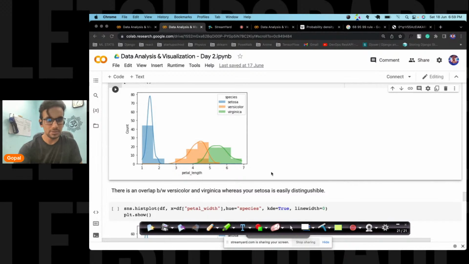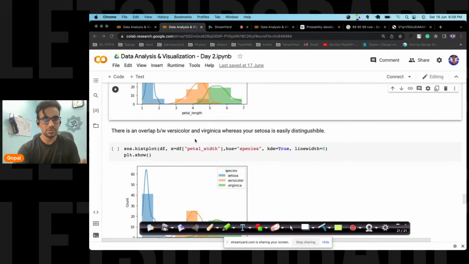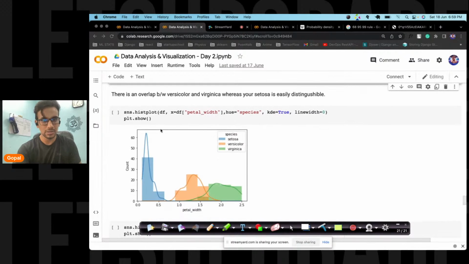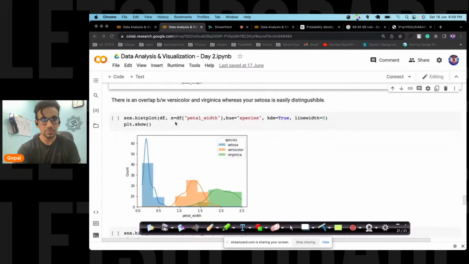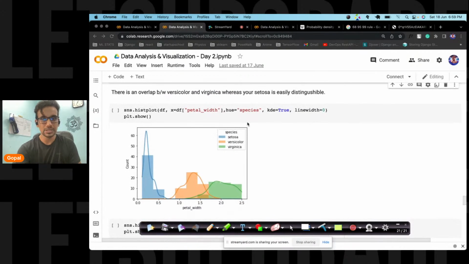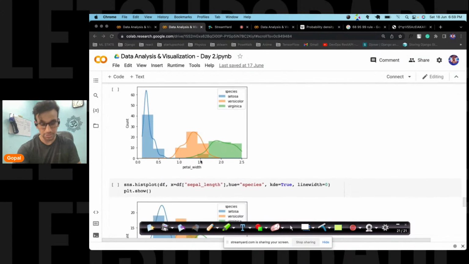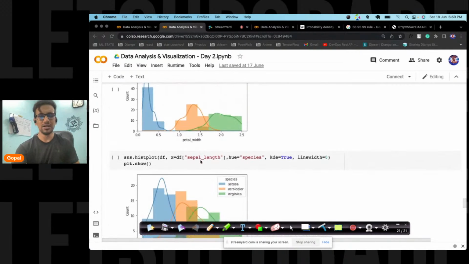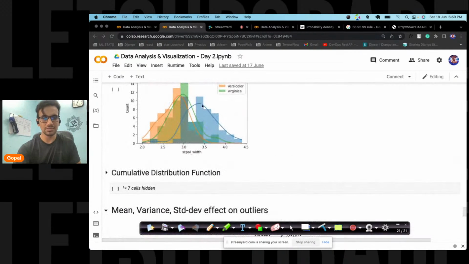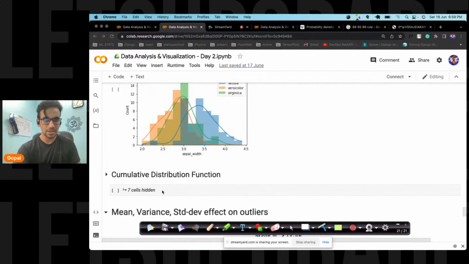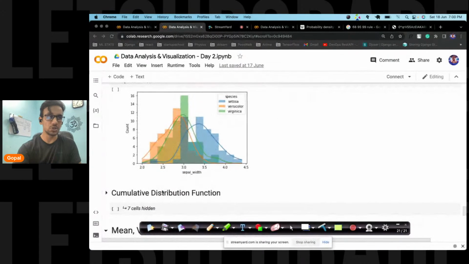Now what else do we have here? sns.histplot is there, and we are doing petal width and hue equal to species, and kde equal to true. So again we have this histogram, and the values are almost similar. That was your univariate analysis with the help of PDF.